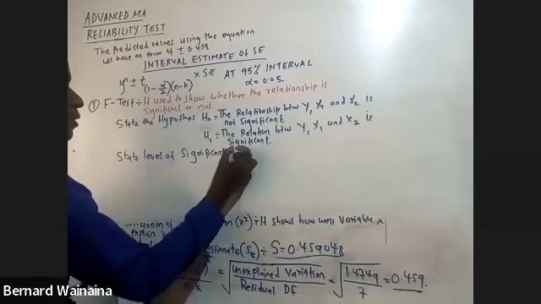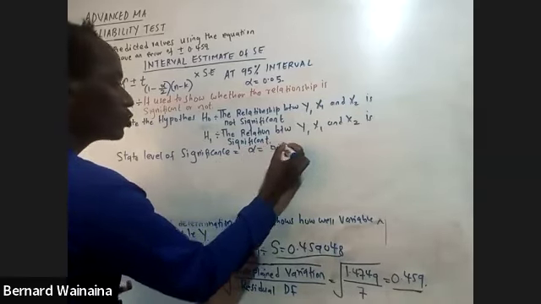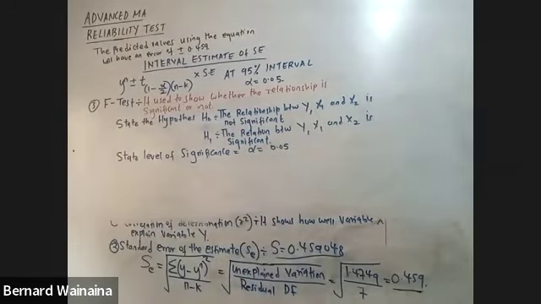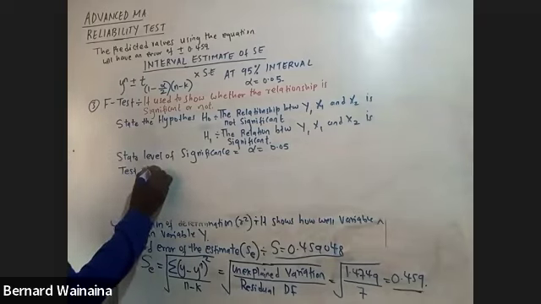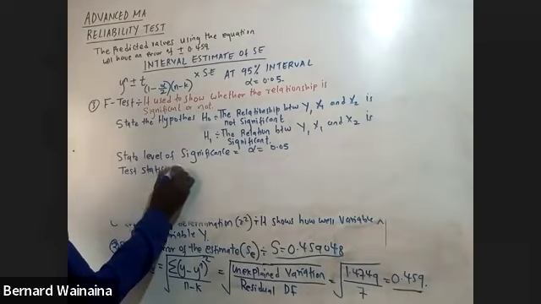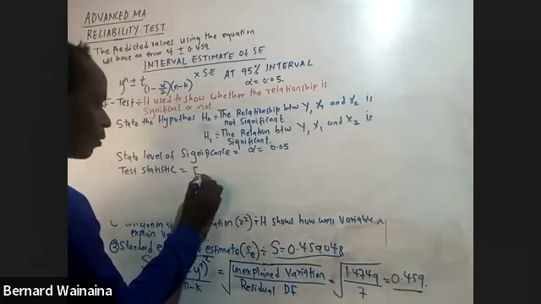How much significance? In this case, we say it is 5%. So our level of significance, we conclude and say we shall use 5%. Step number 3, we do the test statistic. In this case, we need to find the F calculated.